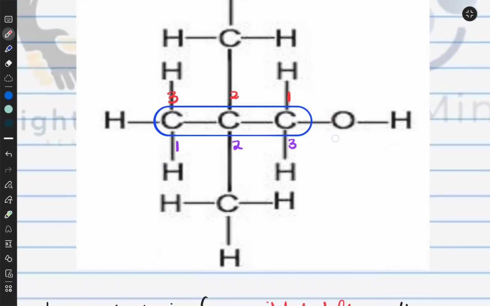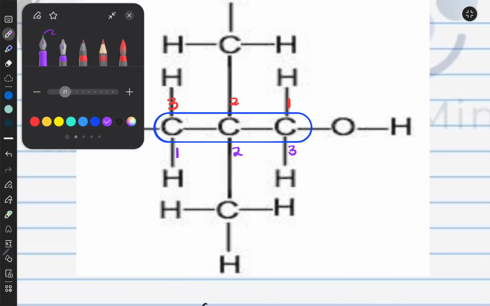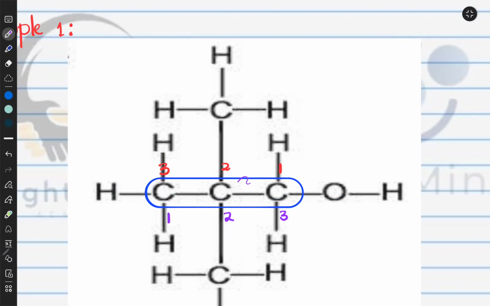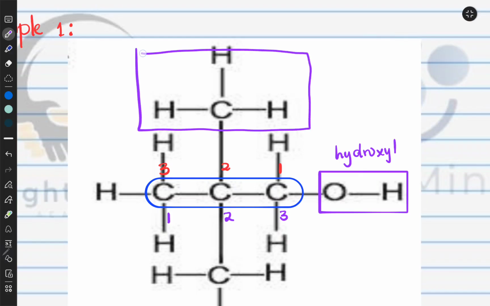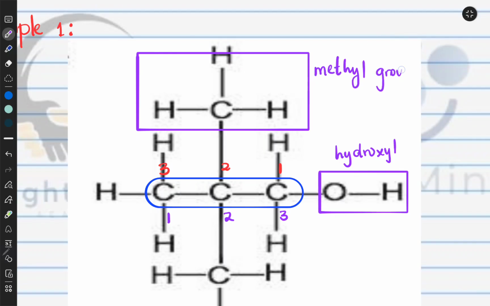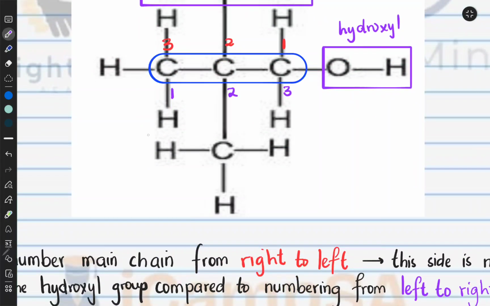Oh yes, we have 2 other substituents, because if you check, this is our main chain, and anything outside of it is called a substituent. This includes our hydroxyl group, and then we have our methyl group, and then we have another methyl group.